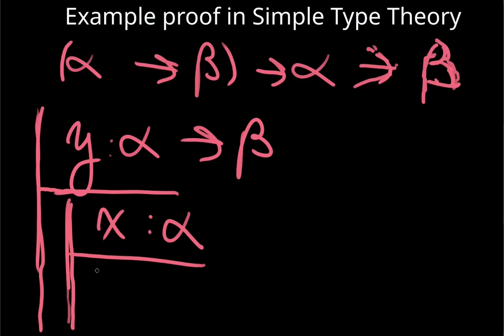So this might be a little bit confusing right now, like what we're doing exactly, because I was talking about these judgments, and all of a sudden I'm writing these flag thingies, but it'll become clear as I work through the example, I think.